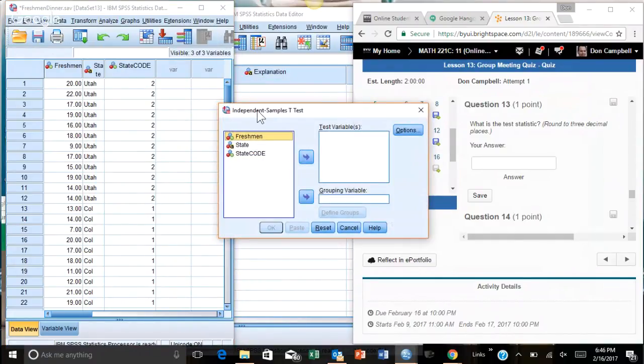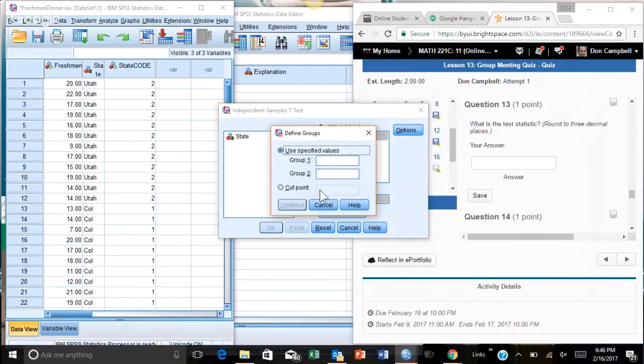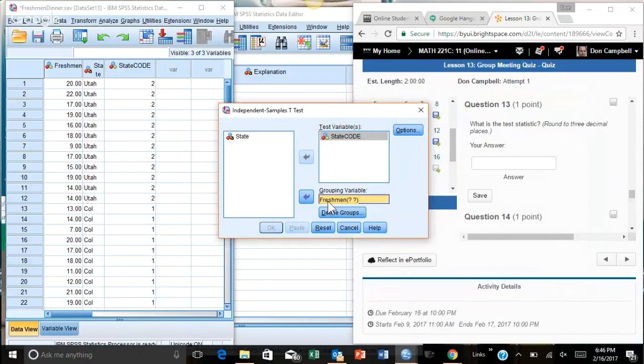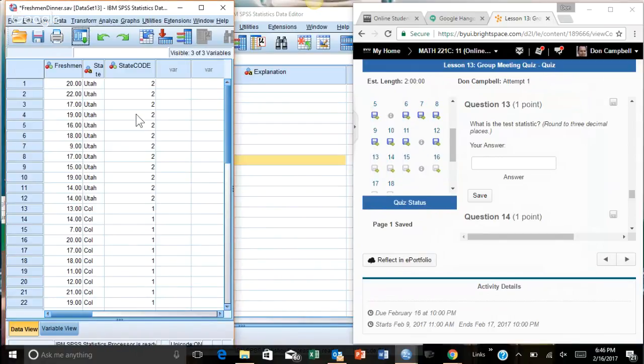So the test variable should be the state code, and freshman should be the grouping variable. Shouldn't state be in there somewhere? Go back for a second. Do reset. Go back one more step. Okay, I'll cancel this out.